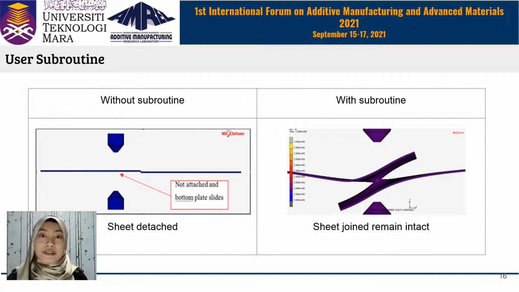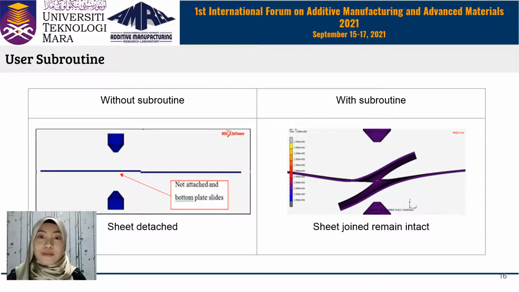The figure of the resistance spot welding with and without the user subroutine is presented in the following table. The location where the nugget was created is in good condition between the upper and the bottom sheet metals, which makes the sheet joint remain intact, causing the sheet metals to flap. This is depicted in the figure with the subroutine.